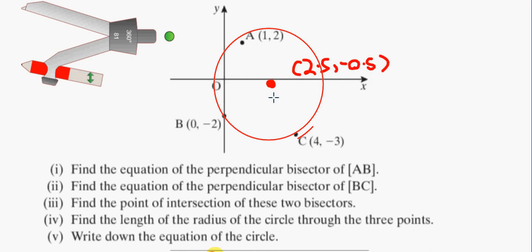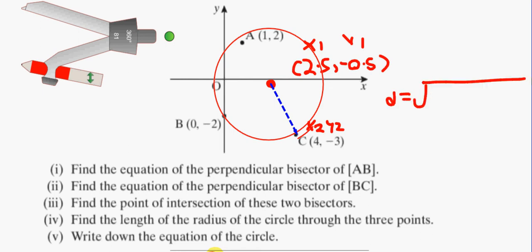Get the distance from your center to any point on your circle. Does that make sense? So to get the radius, why don't we just use the point C? How would you find the distance from the center of your circle to the point C? Can anybody tell me? Use the distance formula.